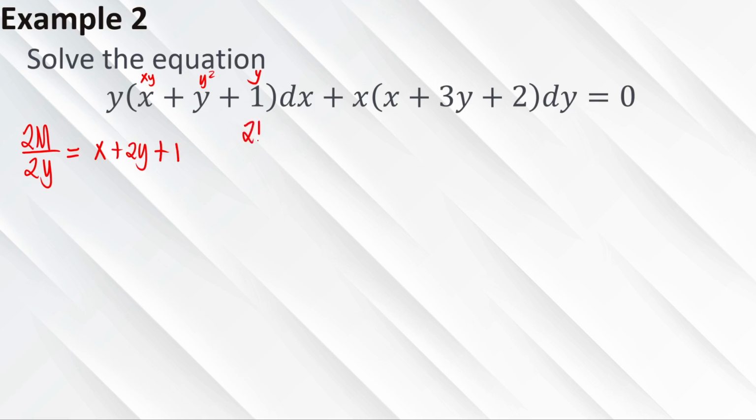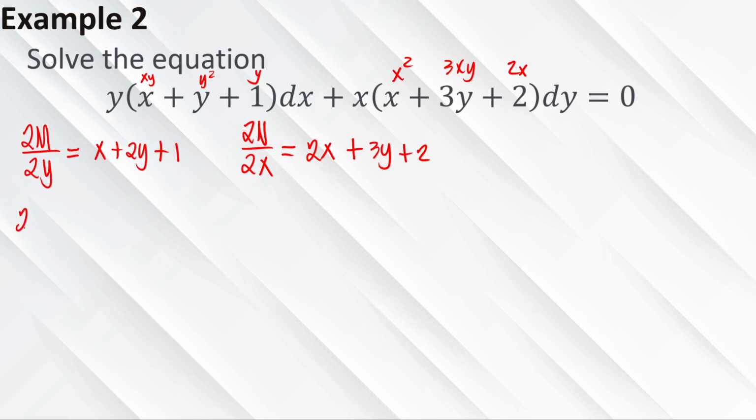And then for the partial derivative of n with respect to x, ganun din, i-distribute mo x squared, 3xy, and then 2x. And then derive natin, we have 2x plus 3y plus 2. And obviously, they are not equal. So, hindi siya exact. Kaya, kailangan ulit natin siyang gawing exact.